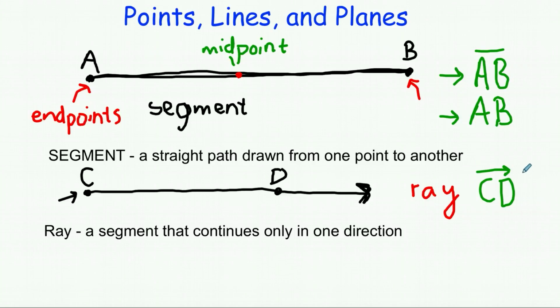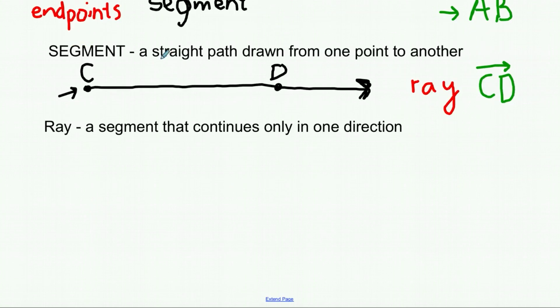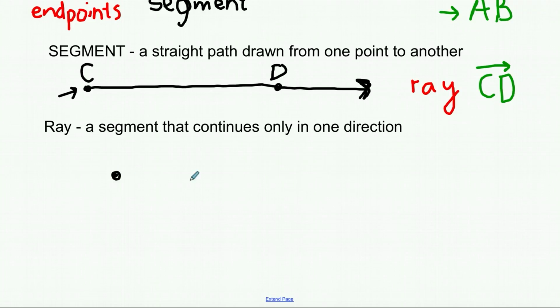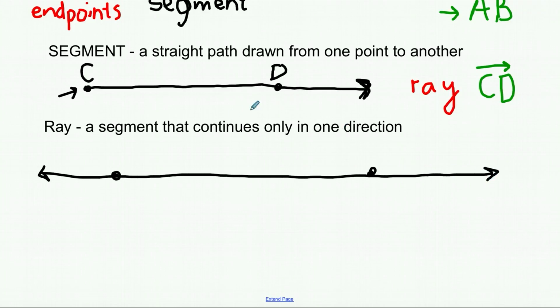If we continue the path in both directions, so I'm going to scroll down here. So let's say we have this. Actually, I'll undo that really quickly. Say I have 2 points here. If I continue the path and that goes in both directions, then that is called a line. Okay, and that continues in both directions. So let's say this was point E and this was point F. Then we would denote this line as line EF.